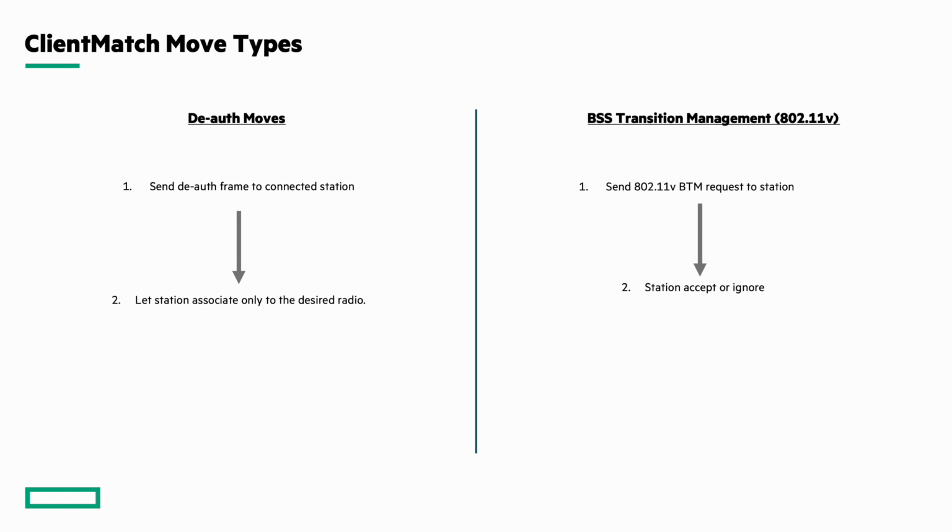These frames are not mandatorily obeyed by the station and are sometimes ignored or rejected. If that happens 5 times or more, ClientMatch will trigger a deauth move instead. It is important to note that ClientMatch uses the deauth steer method as sparingly as possible. It is only used to steer sticky clients, specifically clients that do not support 802.11v and those that support it but are not responding to the BTM requests.